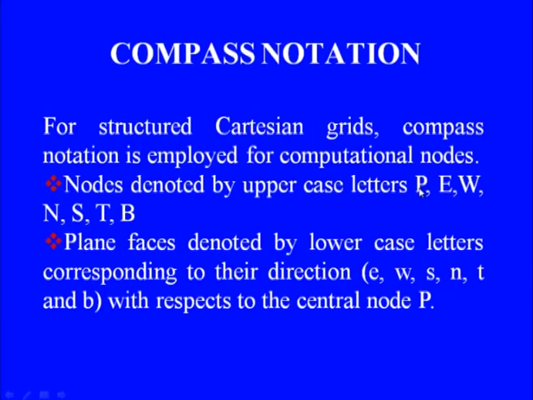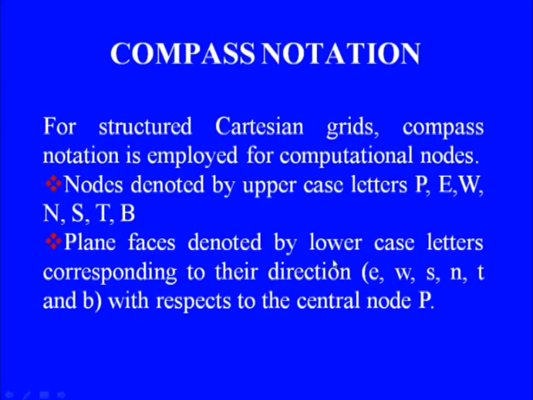And the plane faces, that is, the faces between, let us say, the computational nodes P and E, the face of our control volume or finite volume which lies between nodes P and E, is denoted by a lowercase letter e. Similarly, for the rest of the cell faces, we use the corresponding symbols depending on the directions.